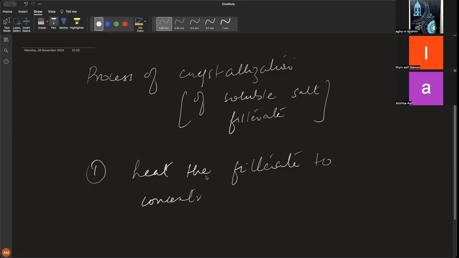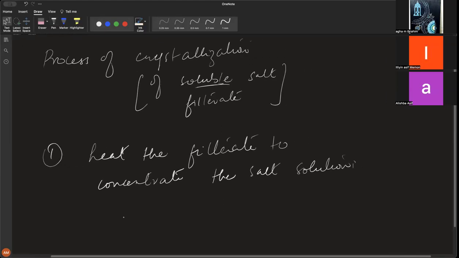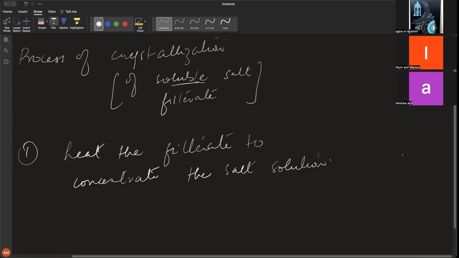Heat the filtrate with the salt solution, the salt solution that you have got from the experiment, to concentrate the solution, right? You understand how this apparatus is going to be set up?